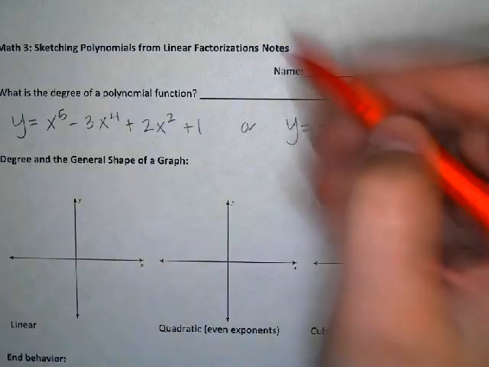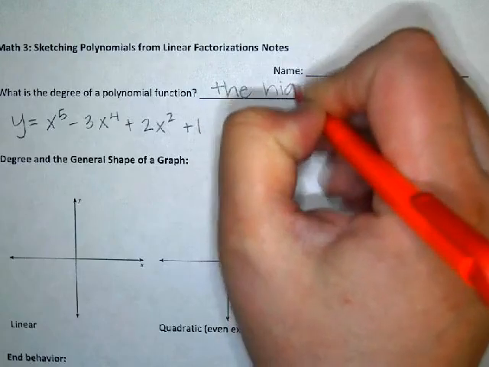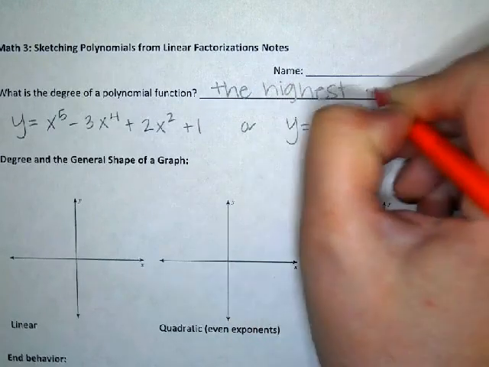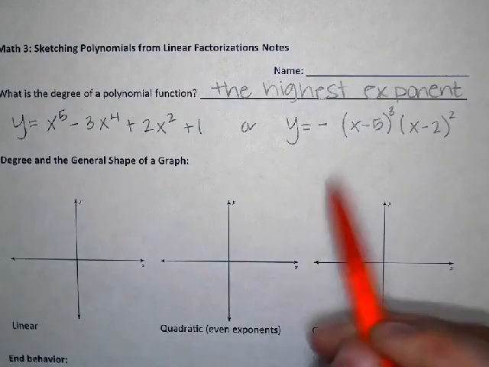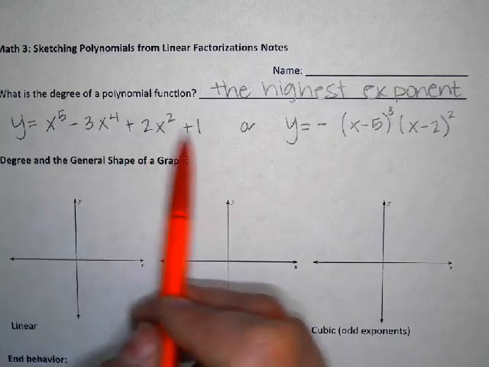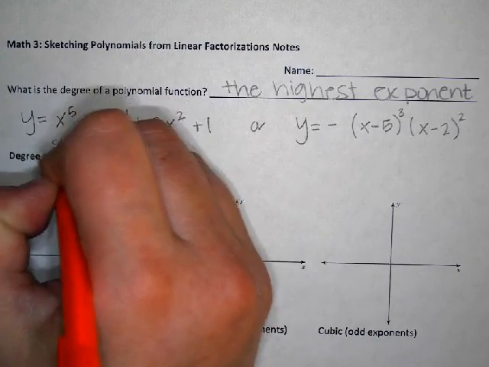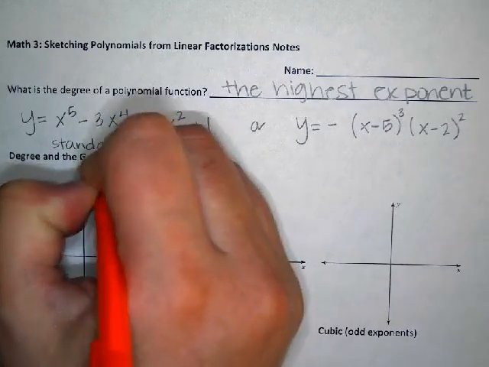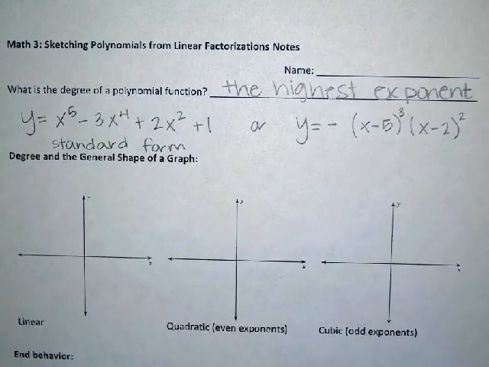So the degree of a polynomial function is the highest exponent. The highest exponent. This form of the equation is called the standard form. And that was the form that we had dealt with before when we were finding all the different things we could find from a graph.